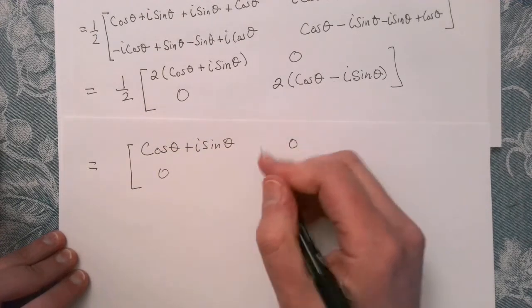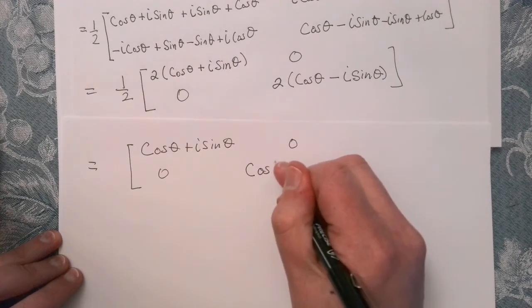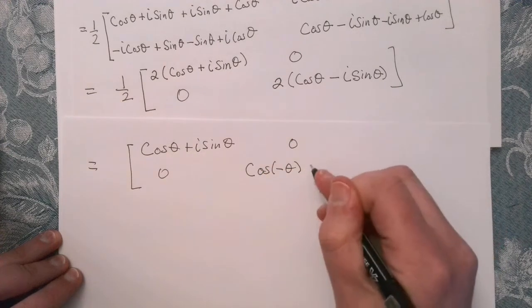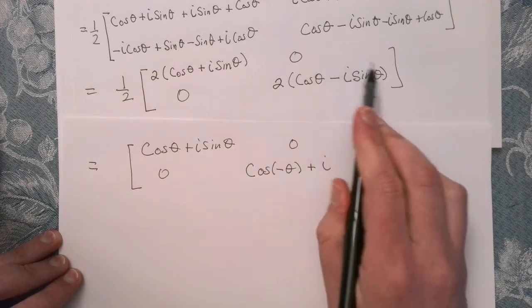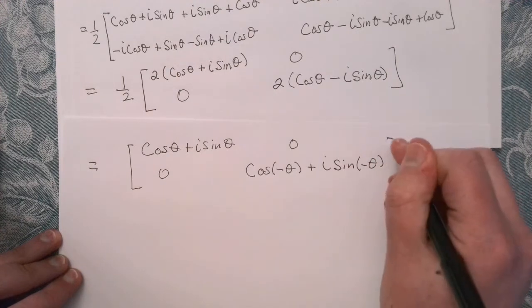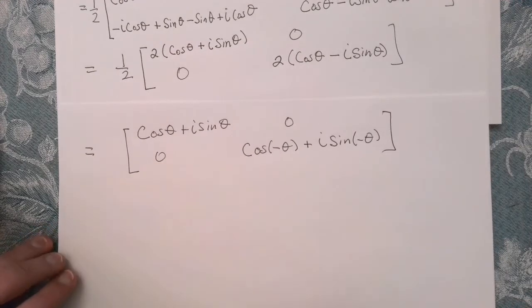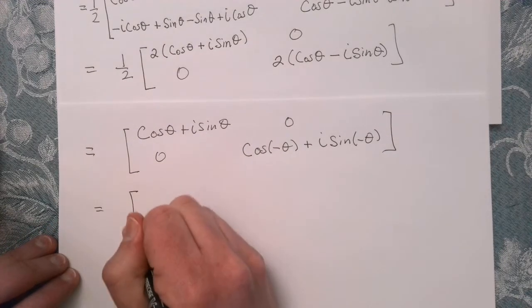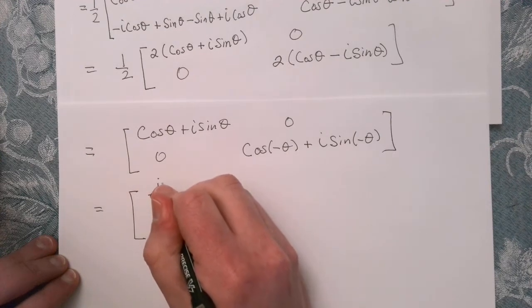But I'm going to use properties of even and odd functions. So cosine of theta is the same thing as cosine of minus theta. And then this, since sine is an odd function, this could be brought back inside there. Is that nice? And so by Euler's formula, we have the following. We've got this nice diagonal matrix.